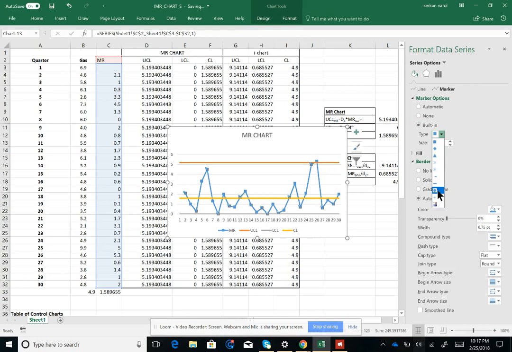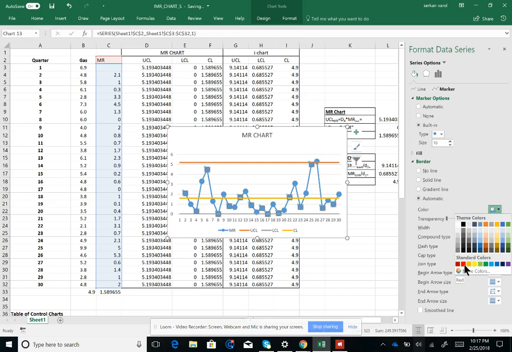You can select any shapes that you like. I prefer circle. Click it circle and play with the size. You can even play with the color. Okay, so this is just from the design perspective. You don't have to do this part.